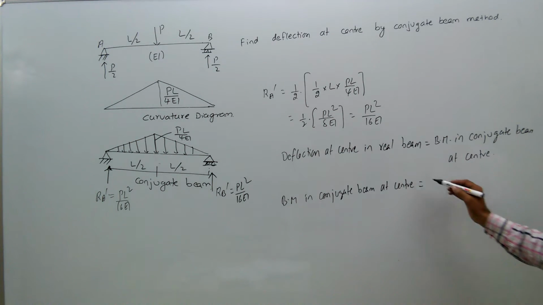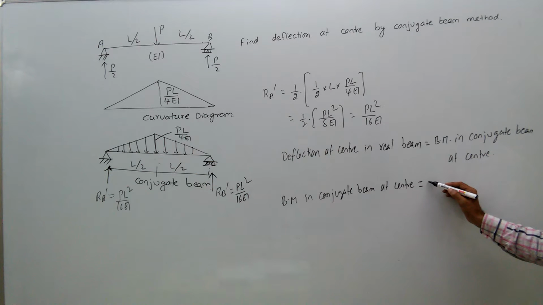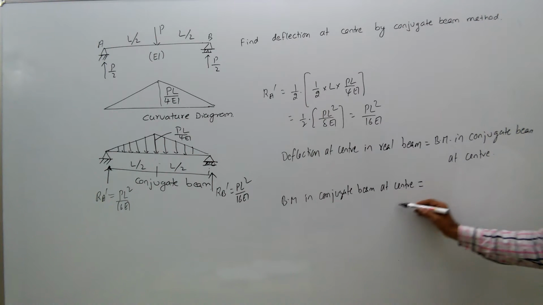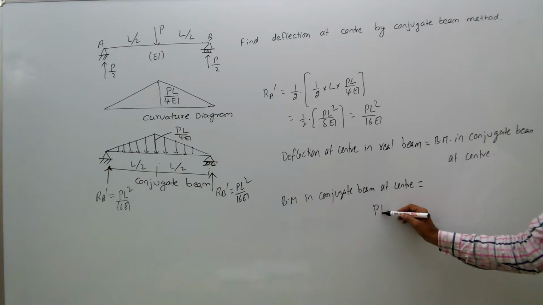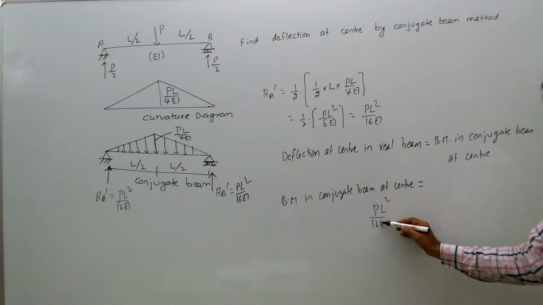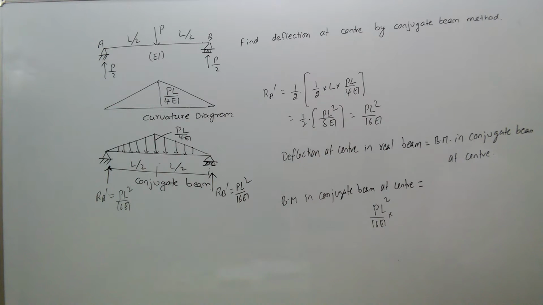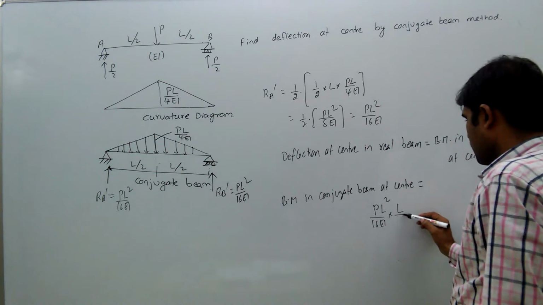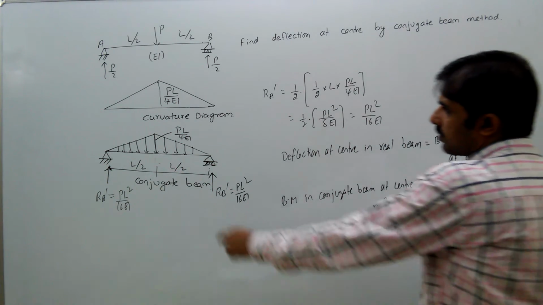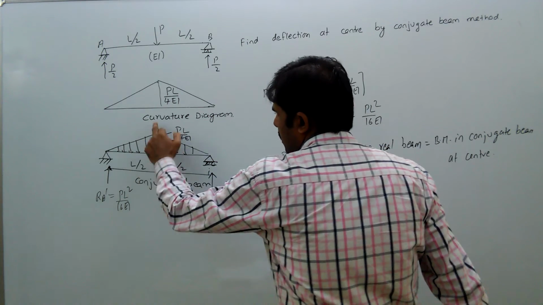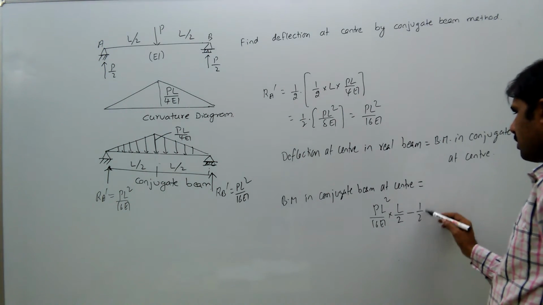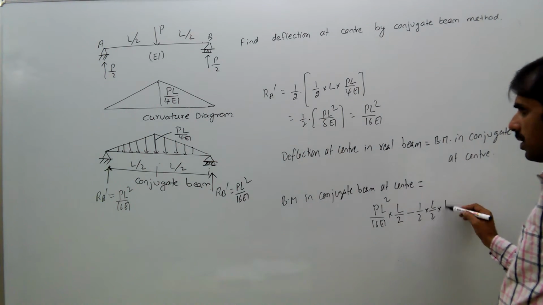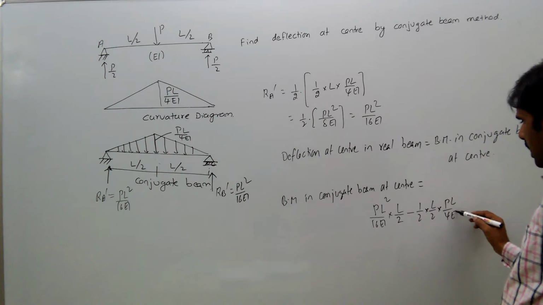That means from the reaction, the moment is PL square by 16EI into the distance up to this point, here to here, which is L by 2, minus what is this load? Half into L by 2 into PL by 4EI.